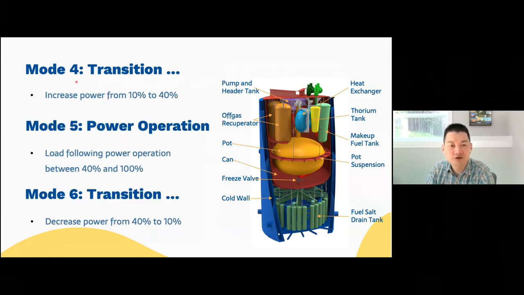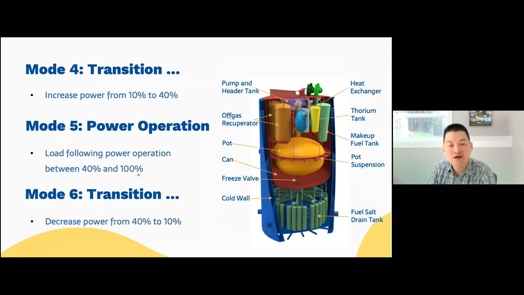Mode 4 is relatively simpler. It increases power from under 10% to 40%, and then we can reach power operation mode. In this mode, we're doing load following. That means the power output can vary from 40 to 100.